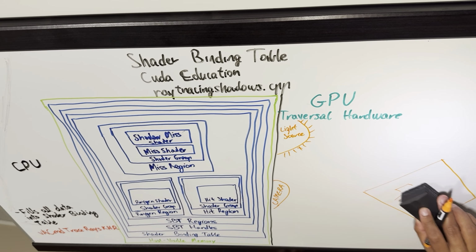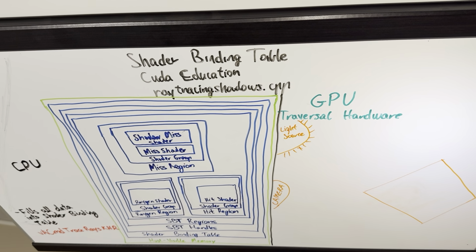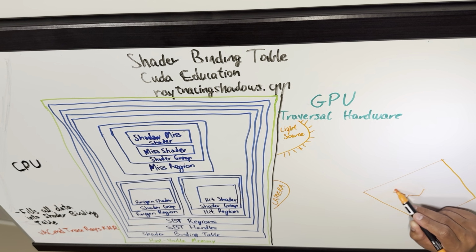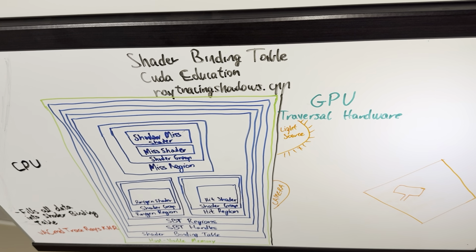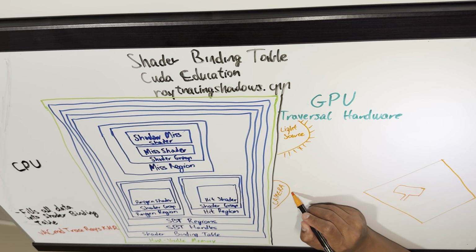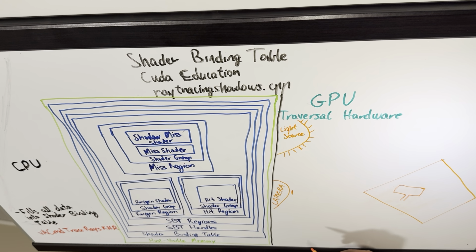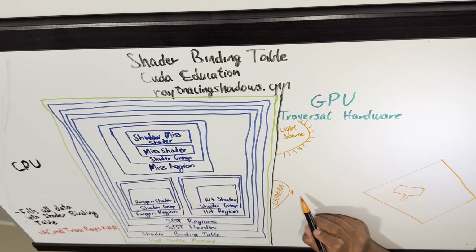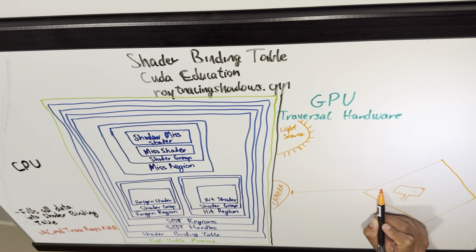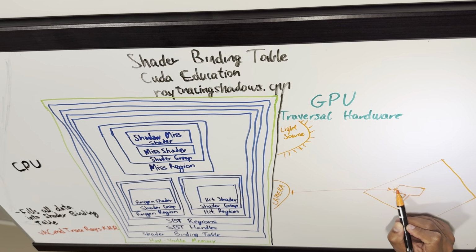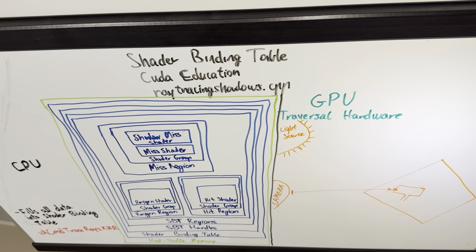The hammer is sort of like this, okay? So we have a ray that shoots from the camera and hits the actual object. Okay?